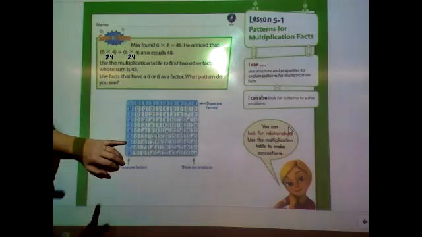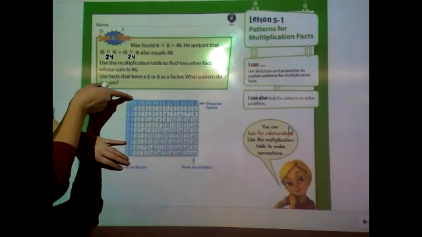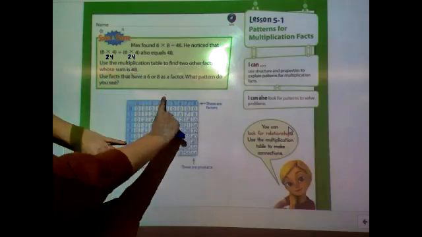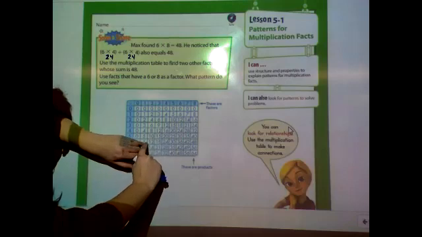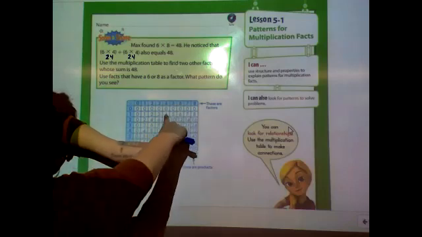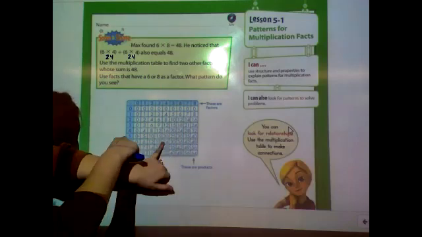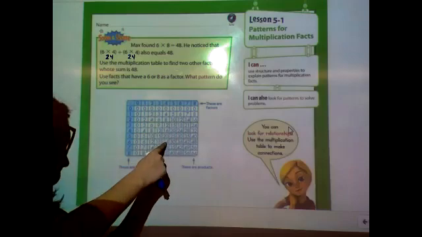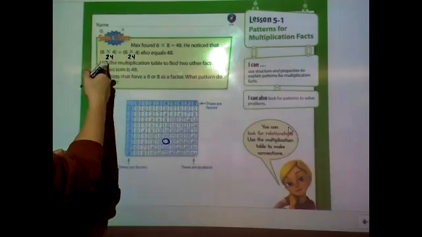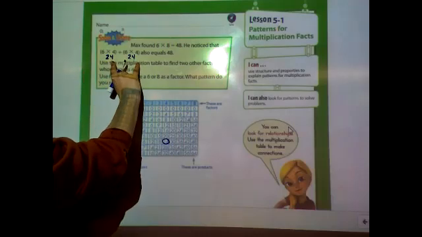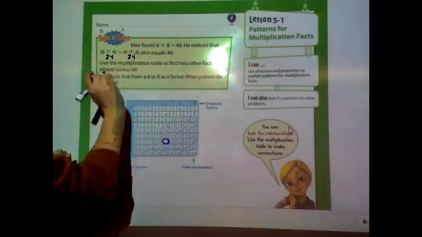And then we find the 4 on the top. And now we move our hands, our fingers, and see where they meet up. The box where they meet up is what our answer is going to be. So 6 times 4 is 24. Let's see, 24 plus 24. Yes, 4 plus 4 is 8, and 2 plus 2 is 4.